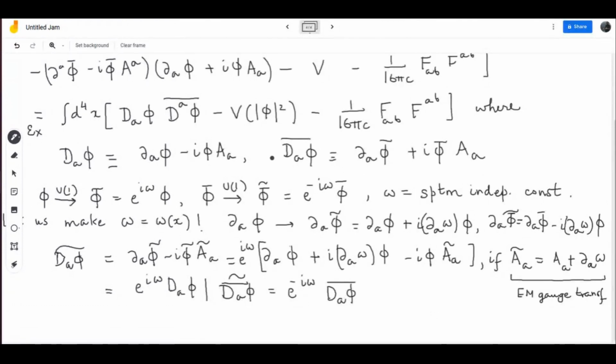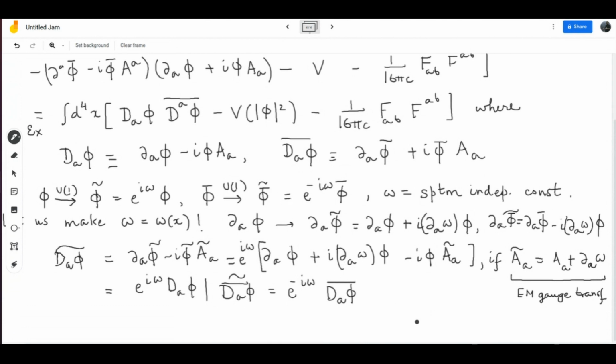It's a bar over everything, not just phi, because it's a complex object. Sometimes my bar and tilde look similar, so you should point out if there is a problem anywhere. Here I should write the tilde like this.